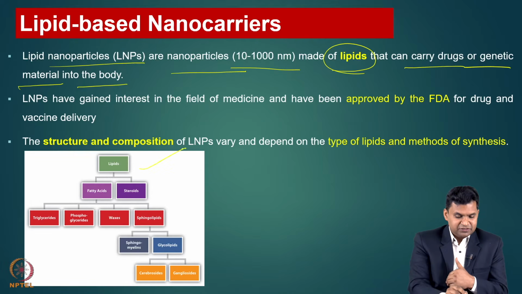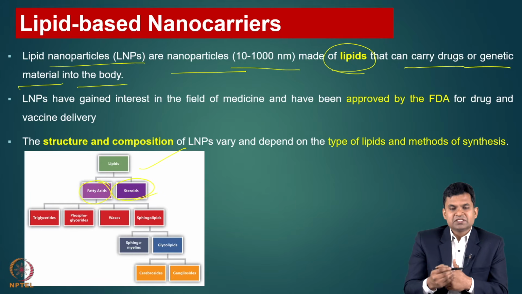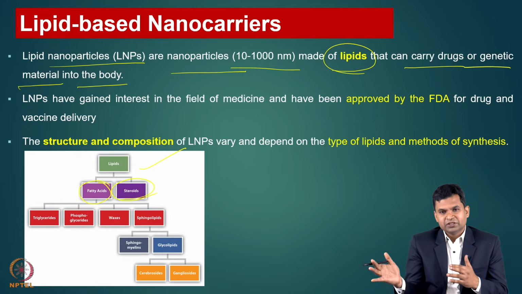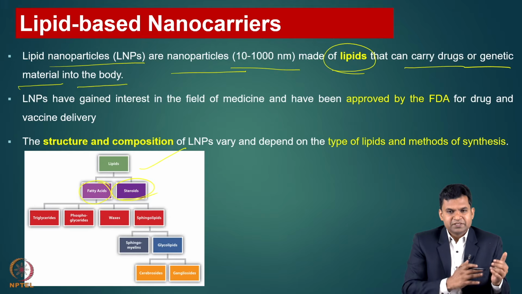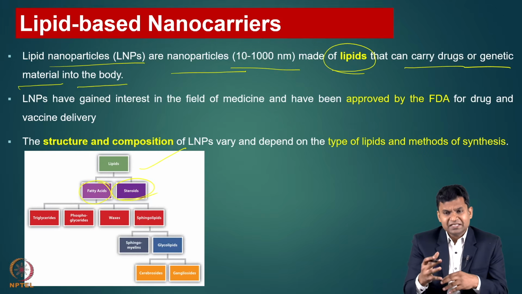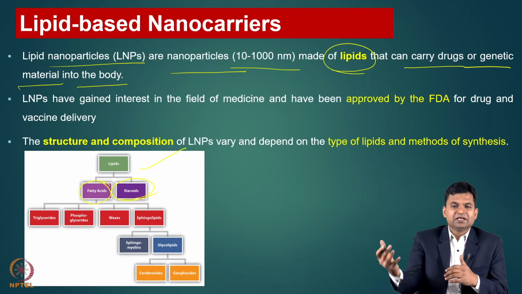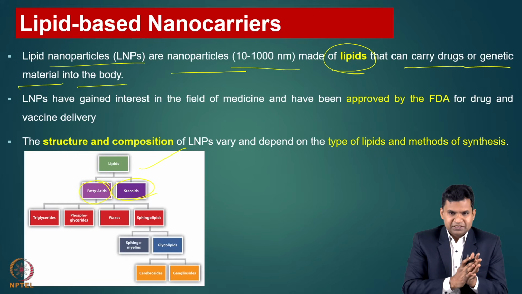Lipids can be classified based on their properties and their source, fatty acid source, and steroids, and it goes on. These are the lipids we use in various formulations. When we come to novel drug delivery systems, these lipids are converted into formulations which will carry the molecules, reach the target site, and deliver the molecules in the body.